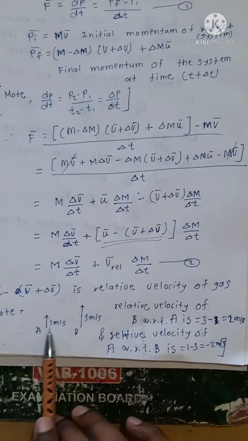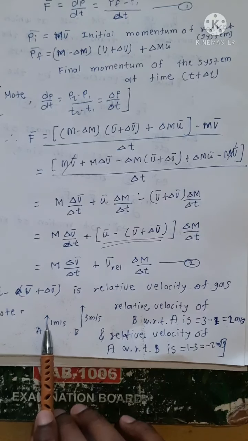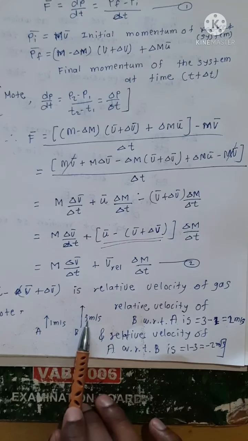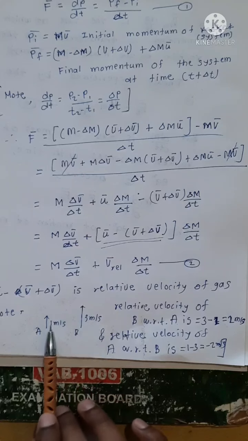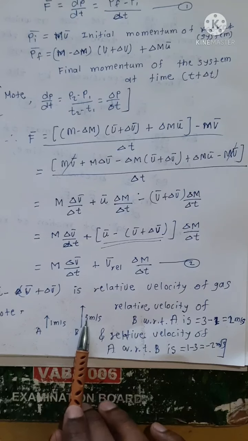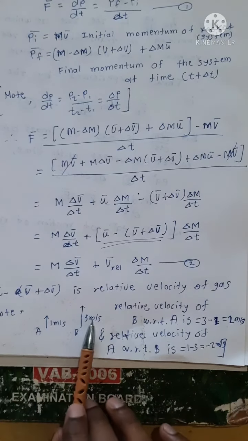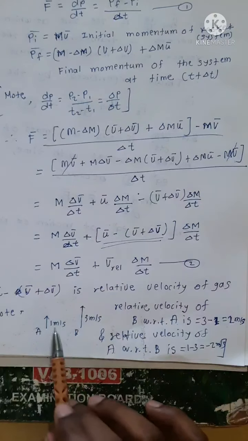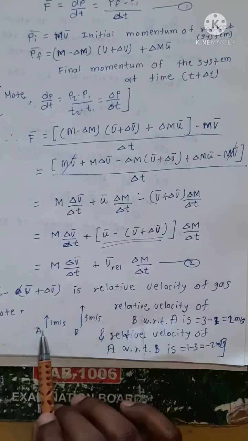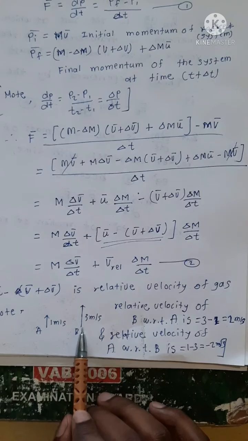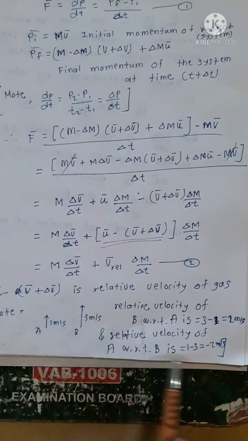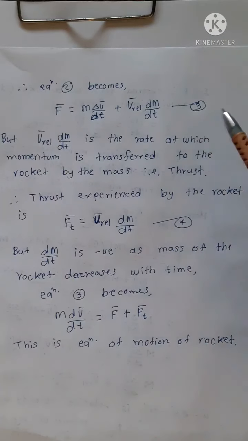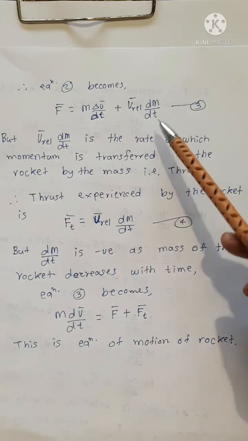That means if we consider A as a reference frame, the velocity of B will be 2 meter per second, because this 1 and the 1 from this will get cancelled and we'll get only 2 meter per second, as we consider A as a stationary frame of reference. Now if you consider B as a reference frame and measure the velocity of A, then it will be minus. Now due to this relative velocity, the equation 2 becomes like this.